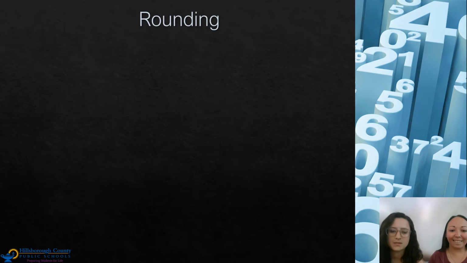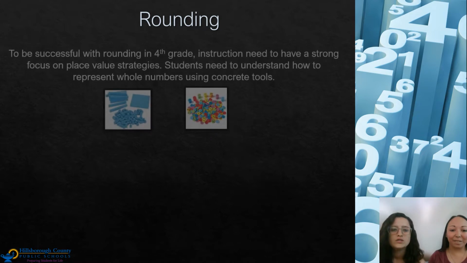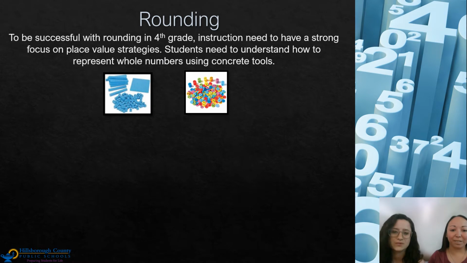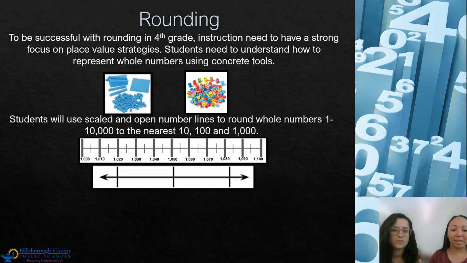So we're going to take some time and we're going to talk about some models and strategies that we're going to use throughout this video. So for students to be successful with rounding in 4th grade, they need to understand how to represent numbers using concrete tools based off place value. So we can use base 10 blocks, and then as the numbers get larger, we can start to use place value discs. In order to round, students will also be using number lines.